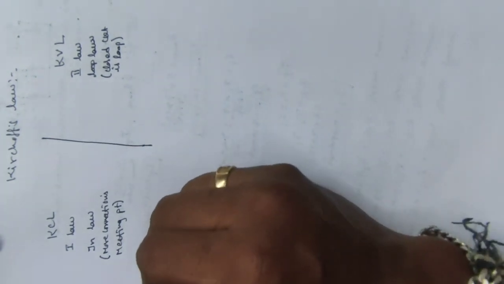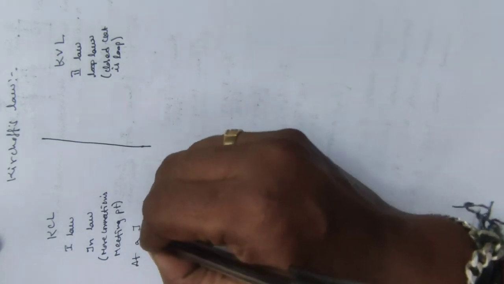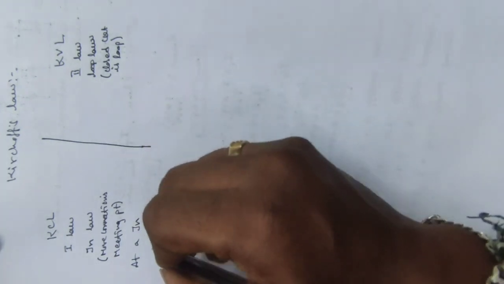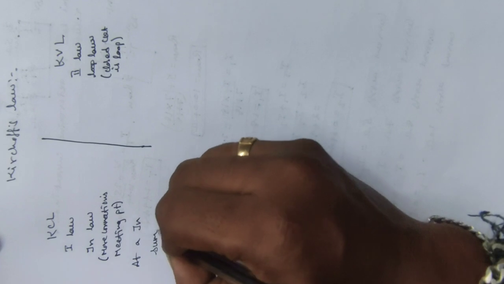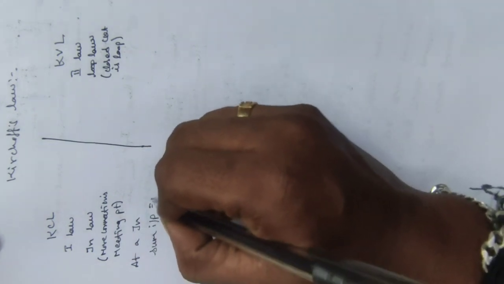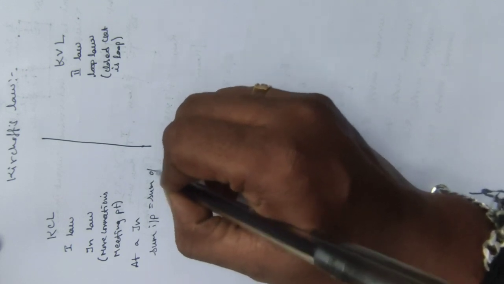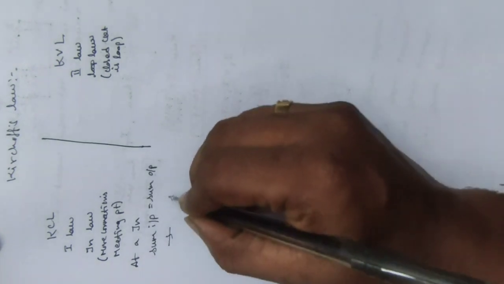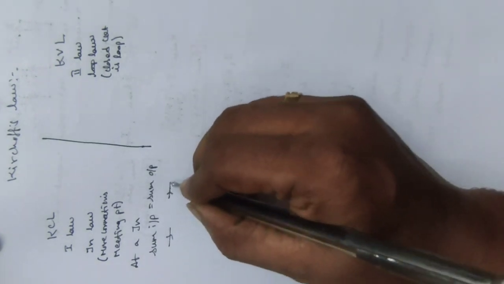The current law states that at a junction, the sum of incoming current is equal to the sum of outgoing current.